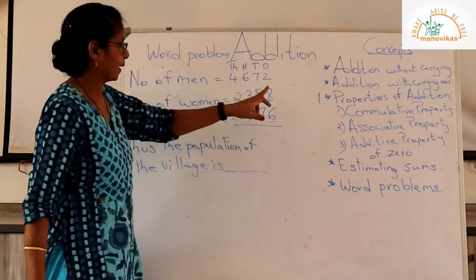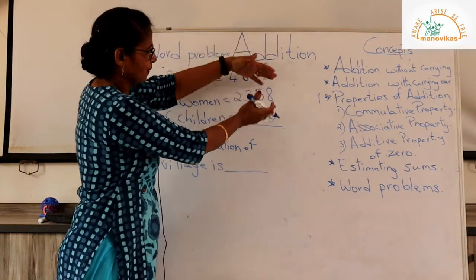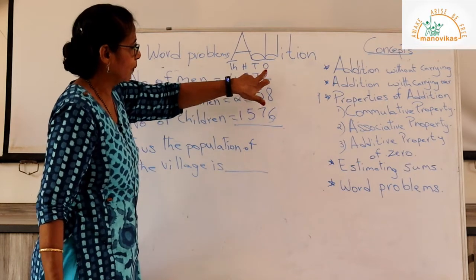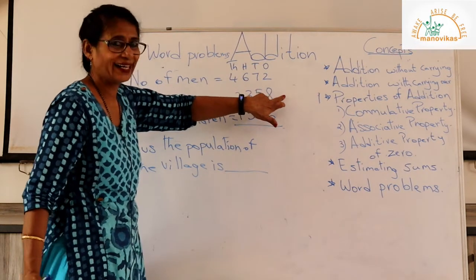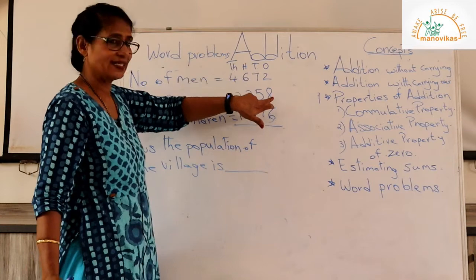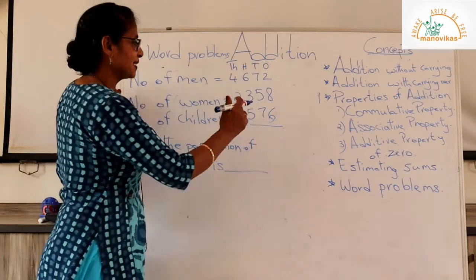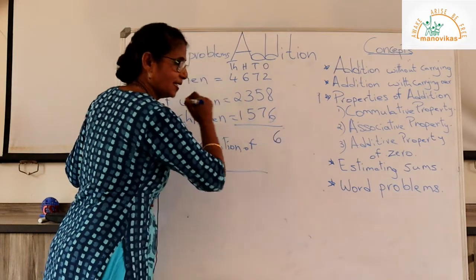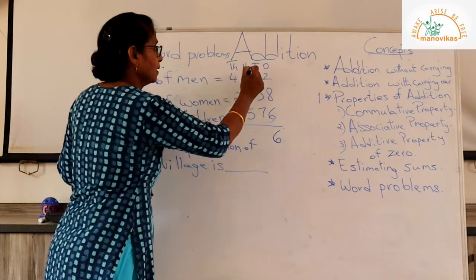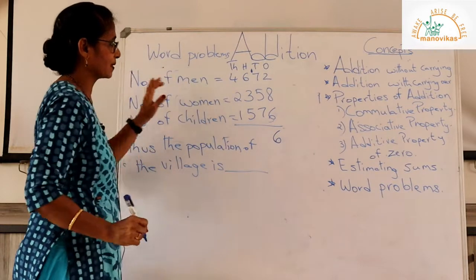So what we do now is, in the ones place, 2 ones plus 8 ones makes 10, and 10 ones plus 6 makes 16. So we get 6 here and we carry over 1 to the tens place.